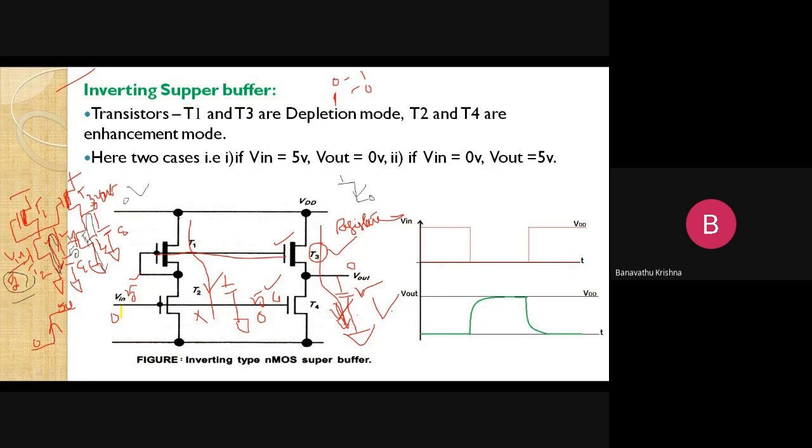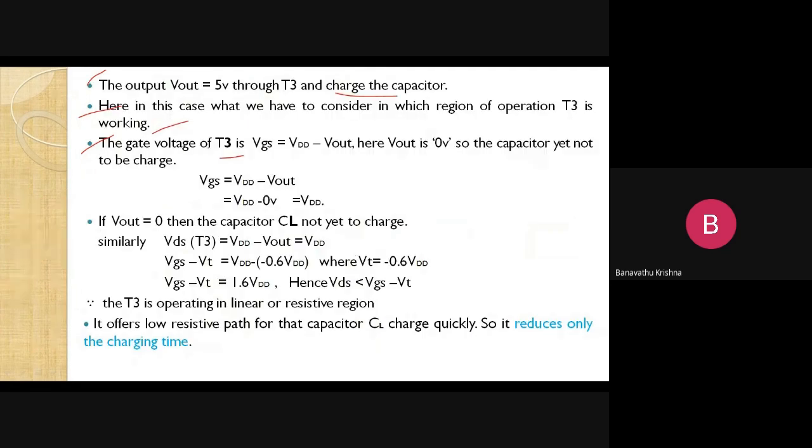Then what is the position of transistor T3 here? The gate voltage of T3 is VGS equal to VDD minus V out. Here V out is 0 volts before charging the capacitor, so the capacitor is not yet charged. Whereas we are applying input of 5 volts. So VGS equals VDD minus V out, and V out is 0, so VGS equals VDD.